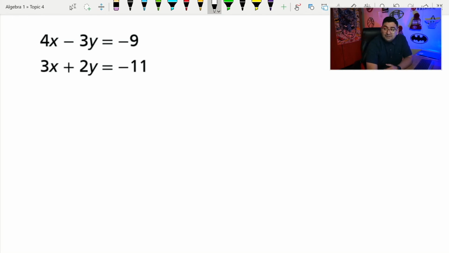So for that reason, and because the numbers for y are smaller, 2 and 3, I'm going to go ahead and try to make those the same. So I'm going to multiply the top equation by 2, simply because I know that 2 and 3 can both go into 6. 3 times 2 is 6, and 2 times 3 is 6. So I'm going to multiply the bottom equation by 3.